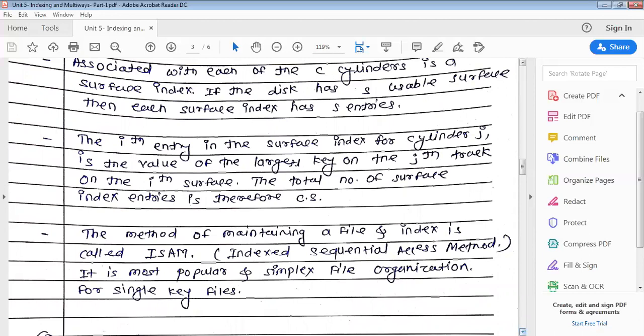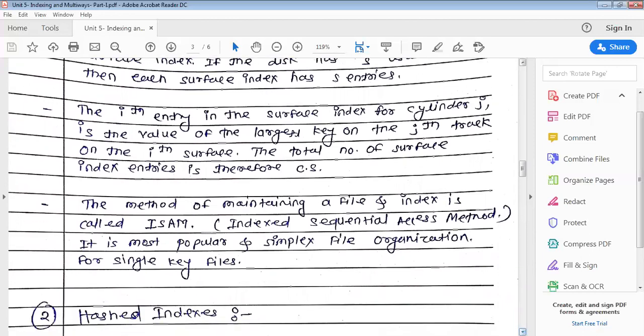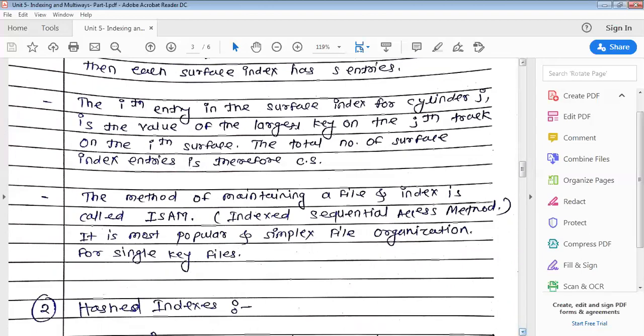The total number of entries is calculated by multiplying the cylinders by the surfaces, so C multiplied by S. The method of maintaining a file and index this way is called ISAM, which stands for Index Sequential Access Method. This is the first one.